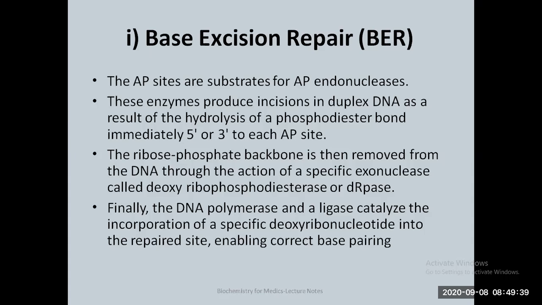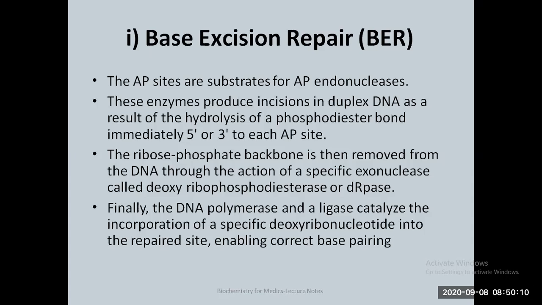So basically, a specific exonuclease called deoxyribophosphodiesterase, or dRPase, acts. And finally, the DNA polymerase and ligase catalyze the incorporation of a specific deoxyribonucleotide into the repaired site, enabling correct base pairing. So there are two enzymes mainly involved in this process, DNA polymerase and ligase.